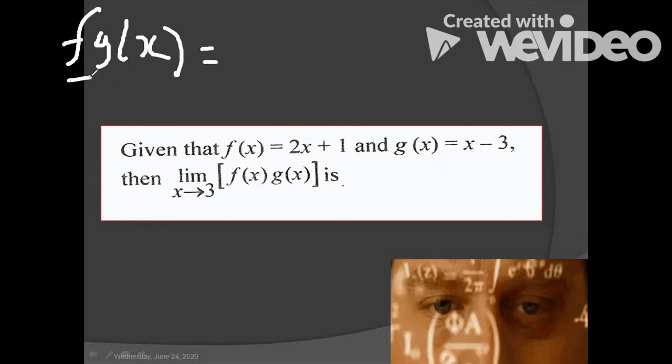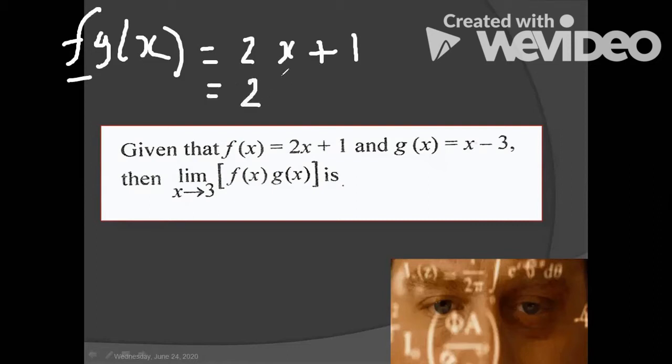So what we do is that we start off with the f function, so we just write out the f function. Now wherever x is in this expression, we replace x with the g function. So rather than having 2x, we're not going to have x, so we're going to have 2g(x).